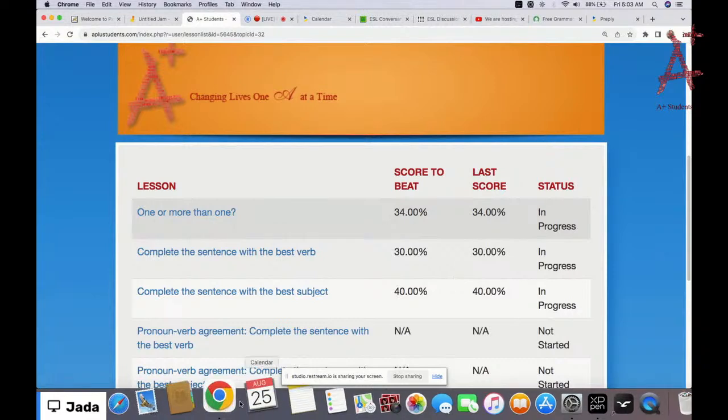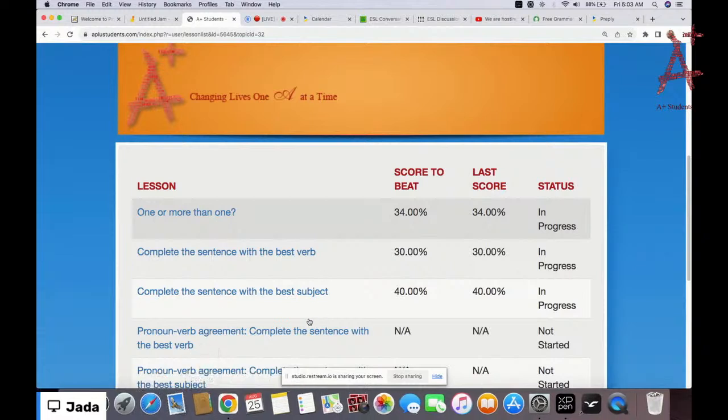Okay, so this is the lesson that was left. We have pronoun verb agreement. Complete the sentence with the best verb. Okay, so we'll just start that now.